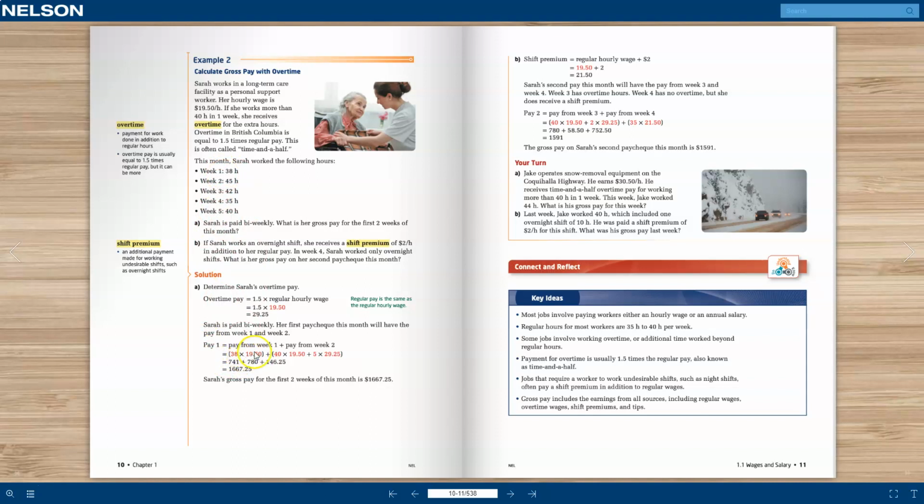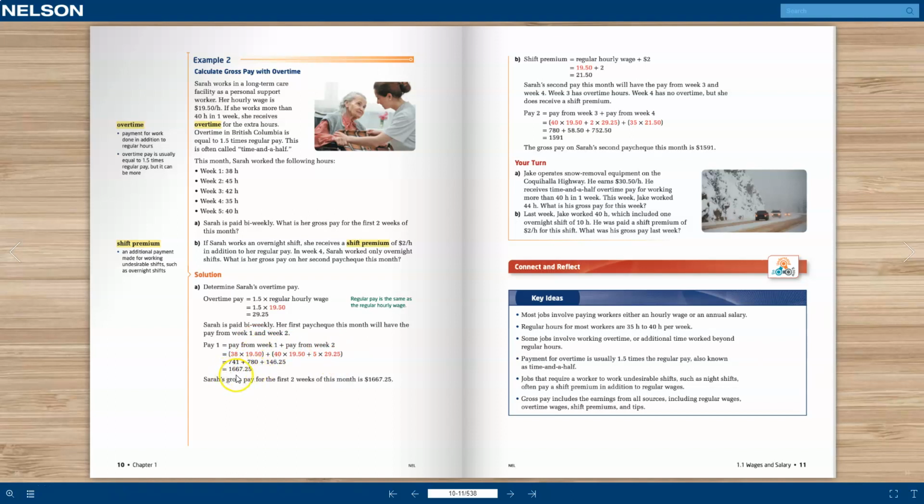Plus 40 hours of week 2 times 19.50, plus 5 times 29.25 because the 5 extra hours she worked are at the overtime rate. So you can see that week 1 was right here. Week 2 is right here, but has the regular rate and then the extra overtime rate. So hopefully this makes sense. And once you calculate both weeks, you add them together and you get her first 2 weeks.